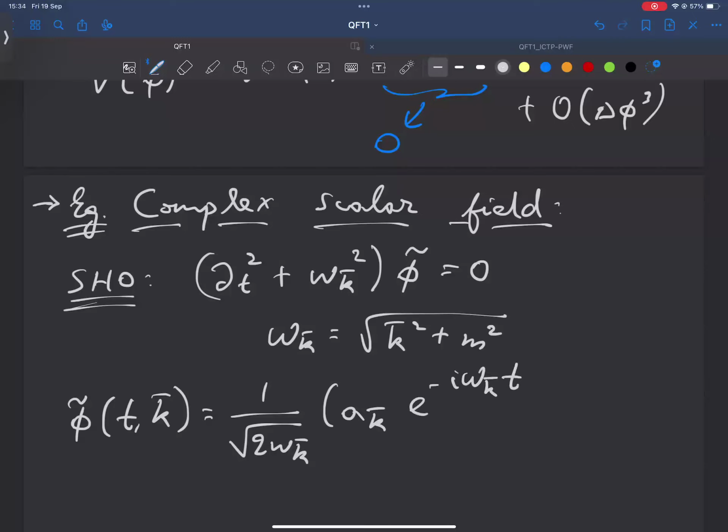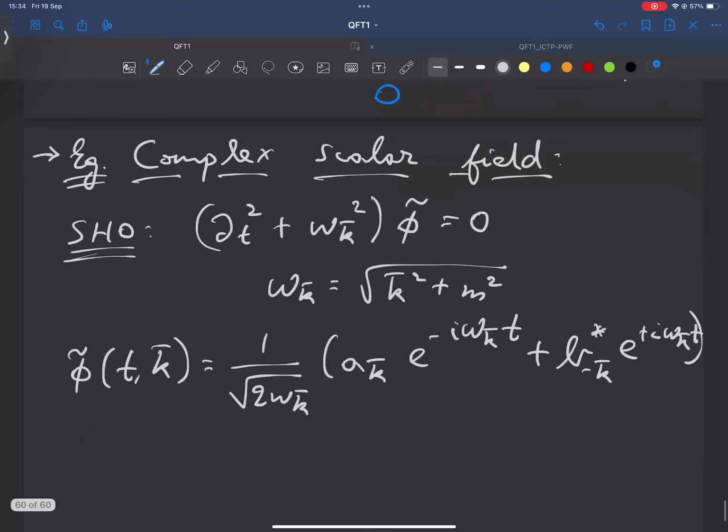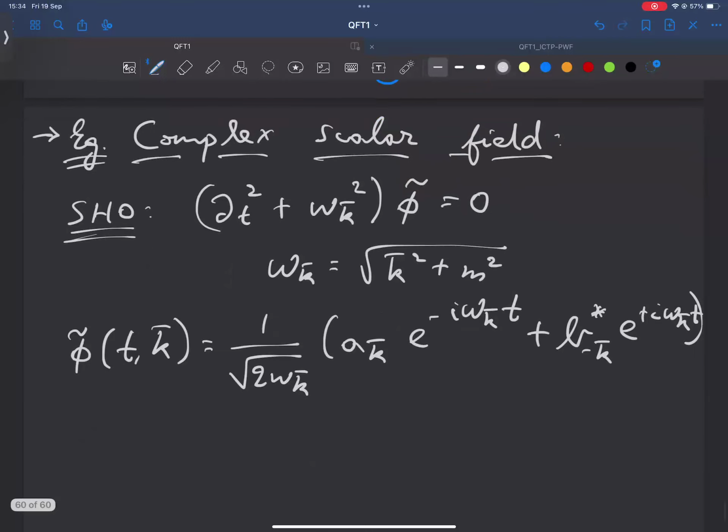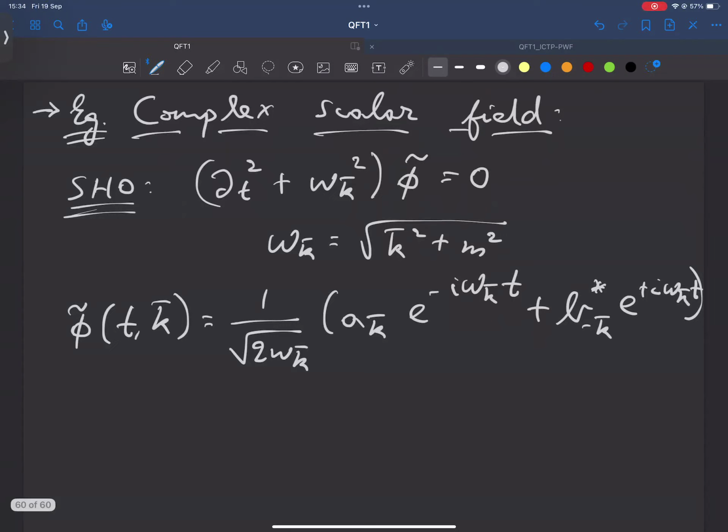So you can write it in plane wave basis like this: b star e to the power plus i omega k t. Okay. So A and B are different oscillators, and you can expand in terms of this plane wave basis.